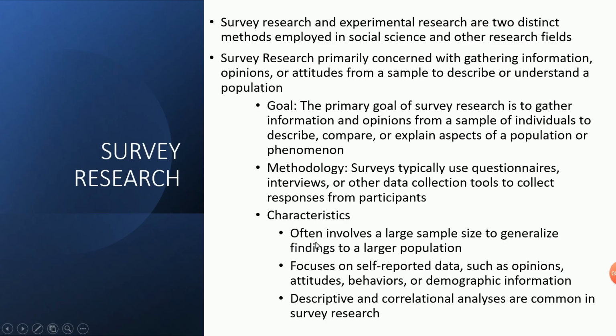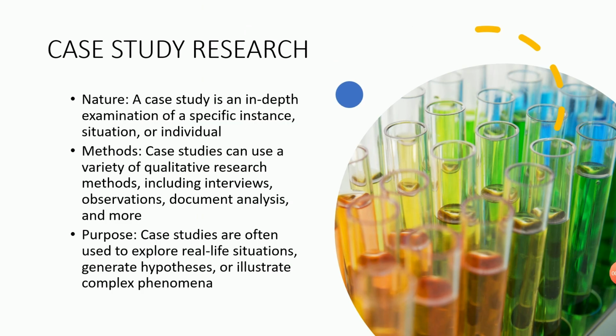What are the characteristics? It often involves a large sample size to generalize findings to a larger population, and focuses on self-reported data such as opinions, attitudes, behaviors or demographic information. Descriptive analysis and correlation analysis are common in survey research. So taking a survey through questionnaires is known as survey research.